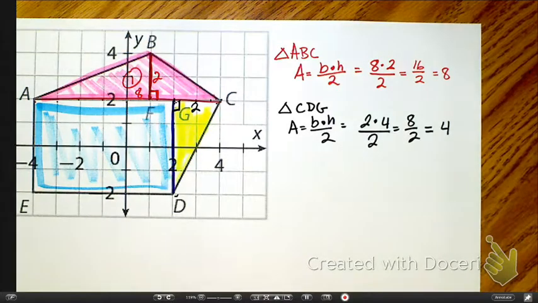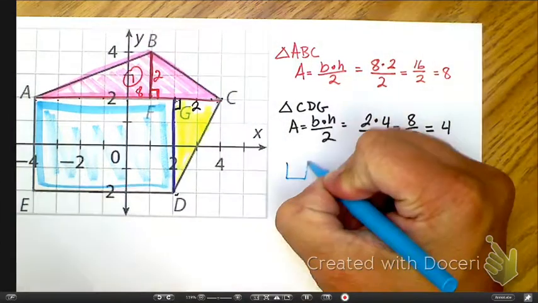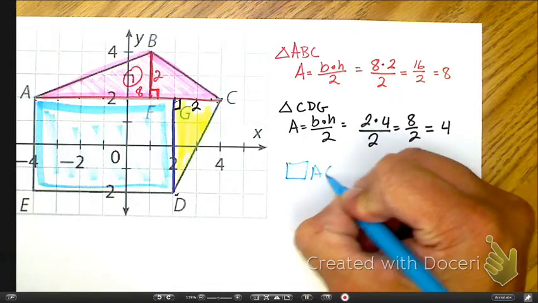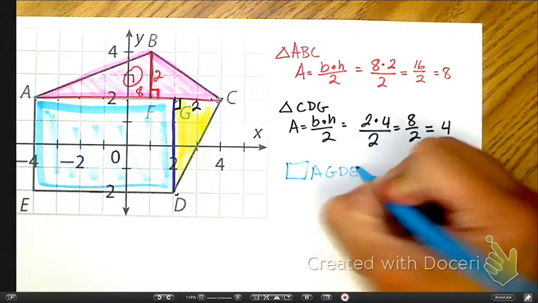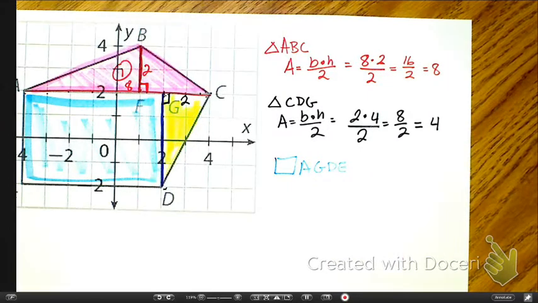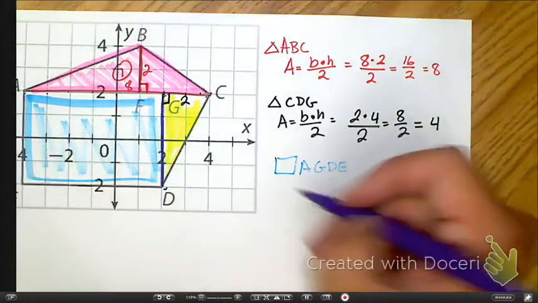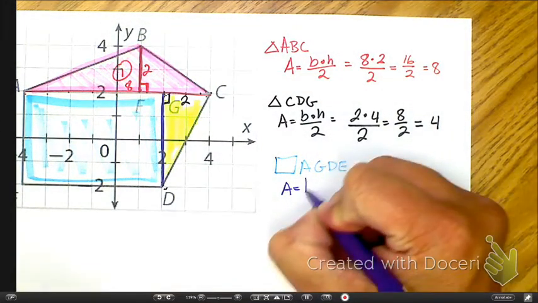Last polygon to find is this rectangle over here. Rectangle AGDE. The area of any rectangle is base times height.